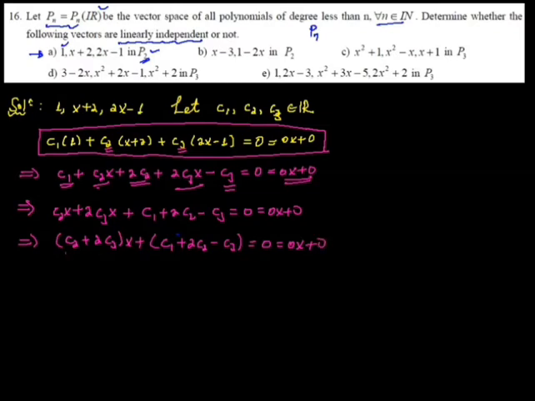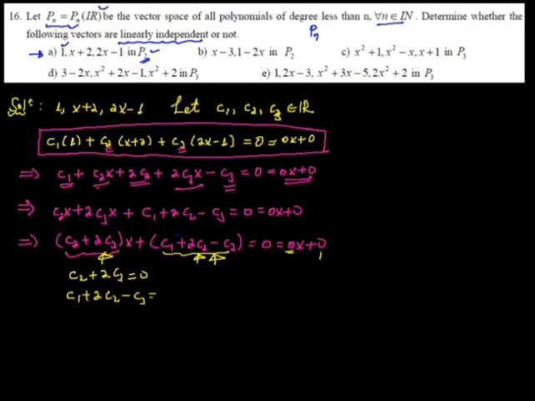The coefficient of x is c2 plus 2 times c3, and the constant term is c1 plus 2c2 minus c3. By comparison, this part is the same as 0, and the constant term is the same as 0.